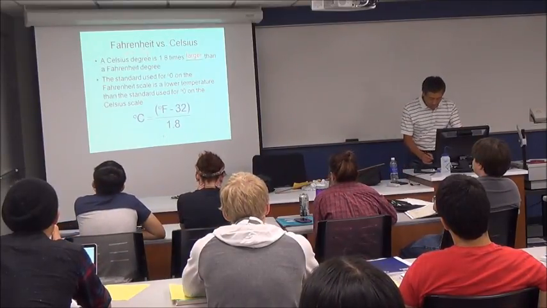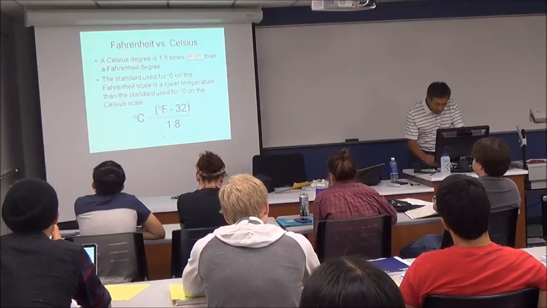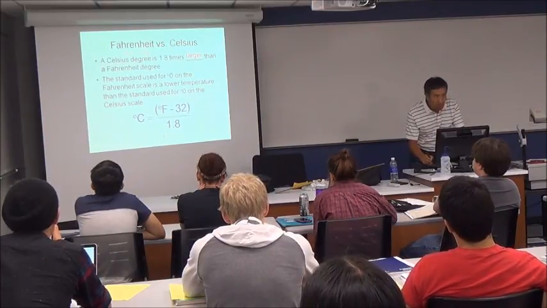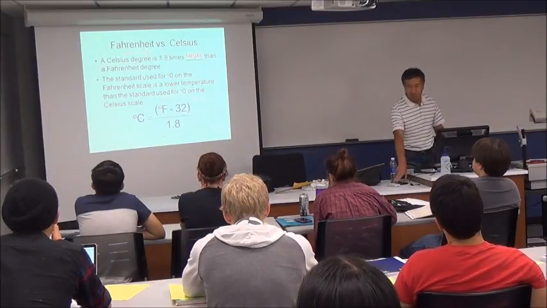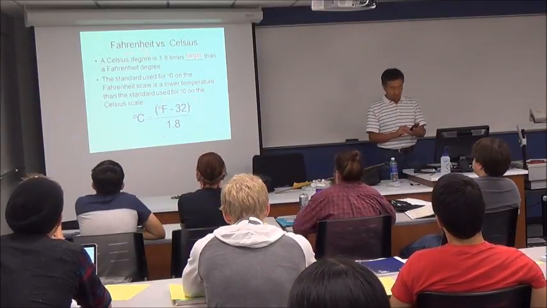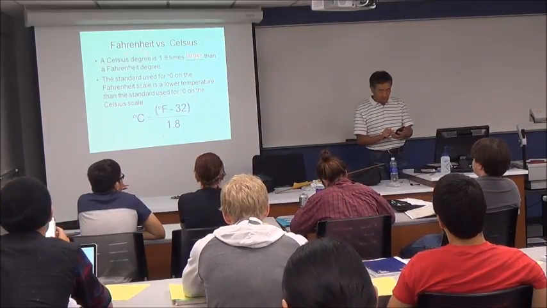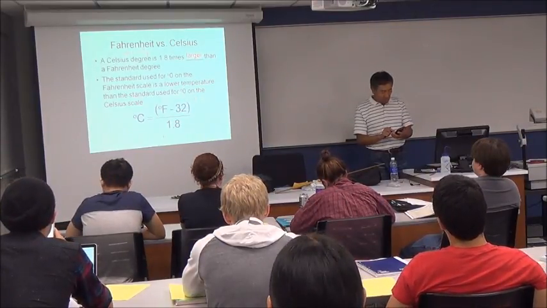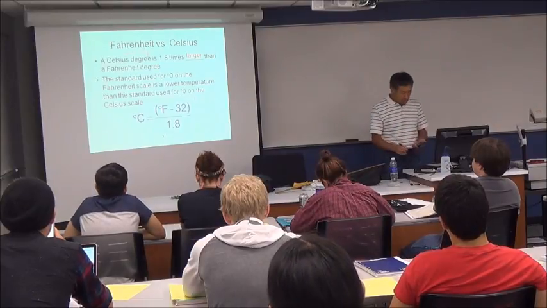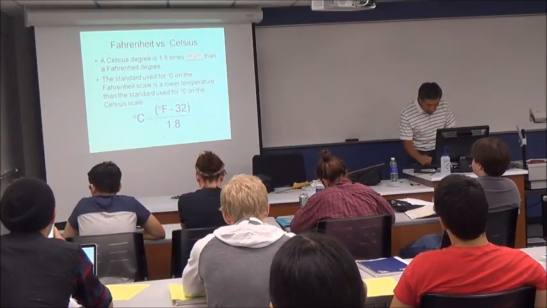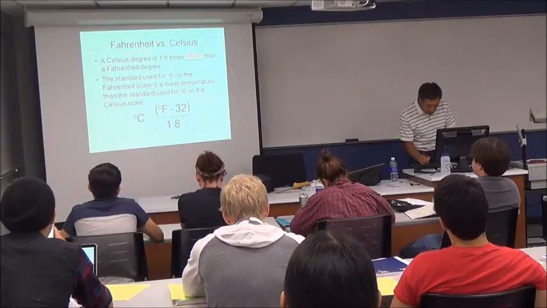So I put 76 here, minus 32, then divided by 1.8, and then I will see how many Celsius. So you have 76 minus 32, then divided by 1.8, and the Celsius is 24.4 degrees Celsius.